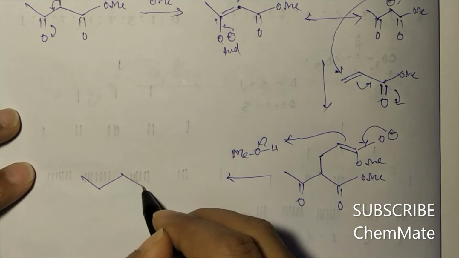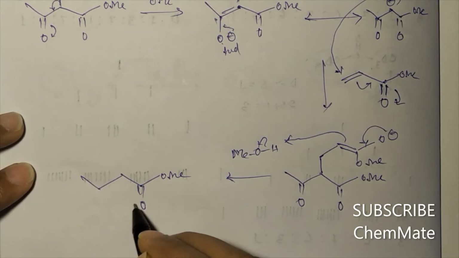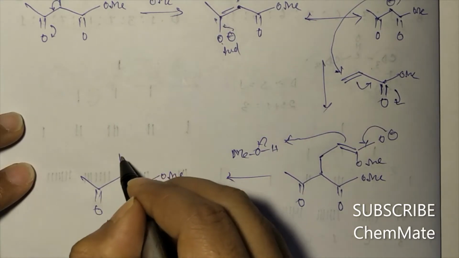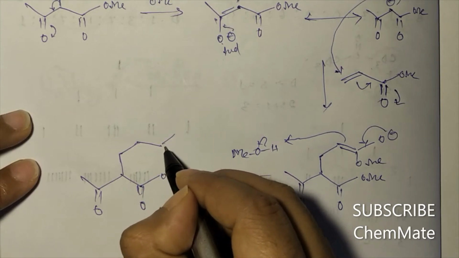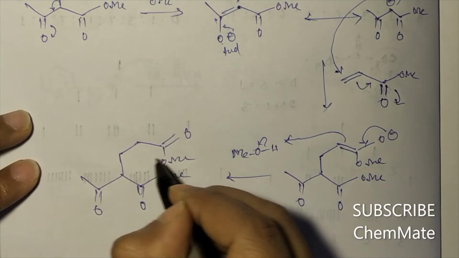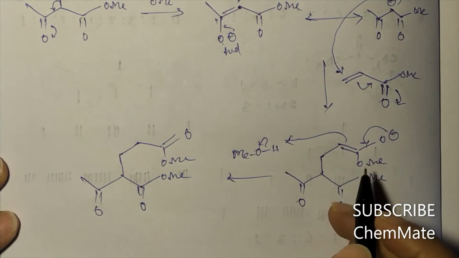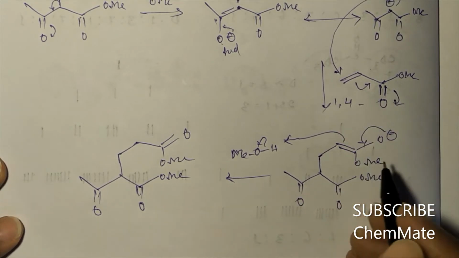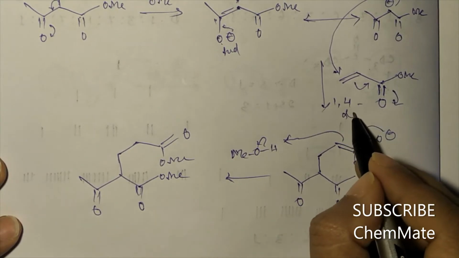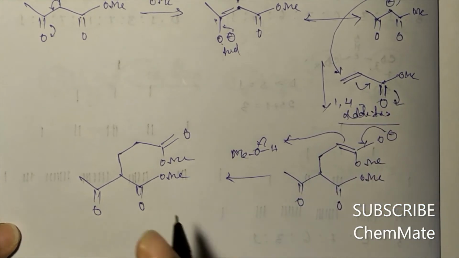So the product will be this. This reaction is known as Michael addition. This is a conjugate addition. So this will be the product.